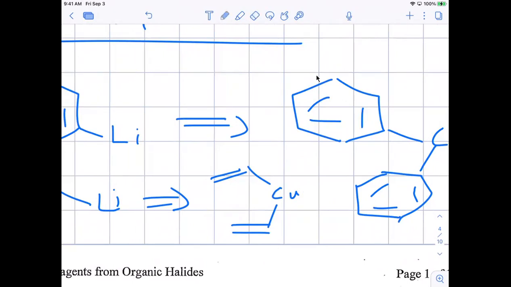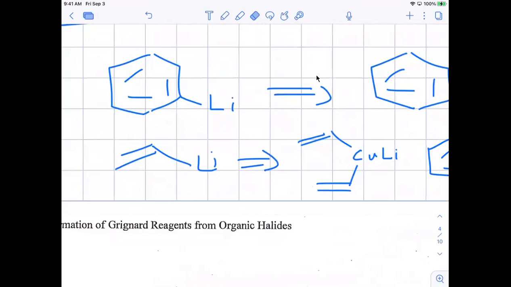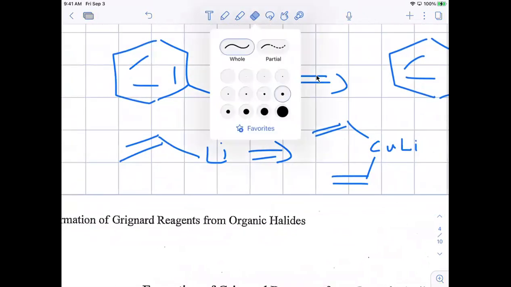to make these, right? But again, the synthesis is not just random. You make these based on what you need, right? So if you want to do a reaction where you're coupling a vinyl group to some other alkyl halide or some other group, then that's the type of Gilman reagent you want to make. So everything is based on what you need, right?